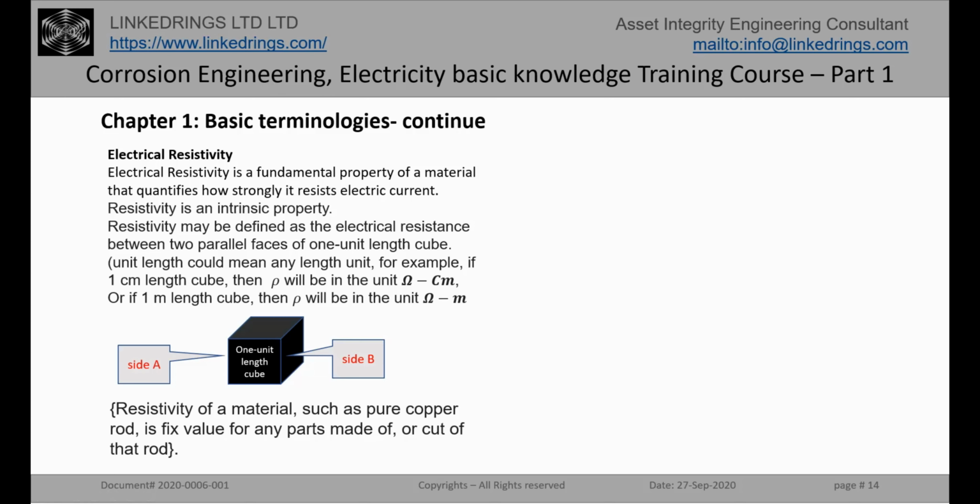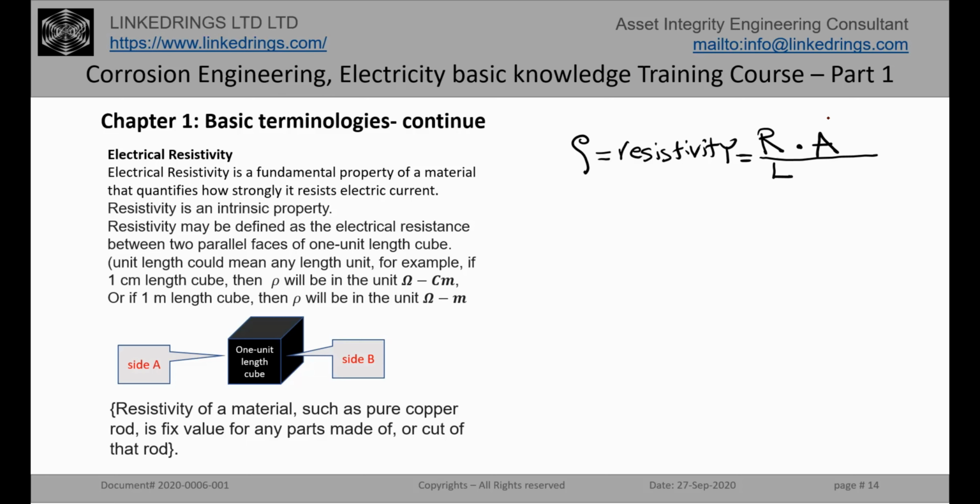Resistivity of a material, for example a pure copper rod, is a fixed value for any part made of or cut off that rod. It does not depend on the shape of the cutting. It is an intrinsic property, a natural property. Resistivity, with the symbol rho, equals resistance times the cross-sectional area divided by the length.